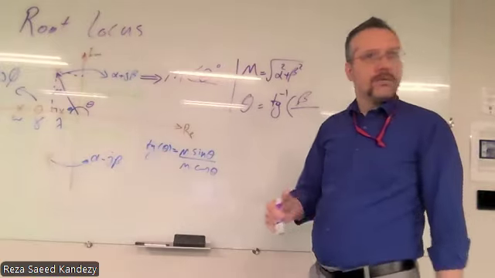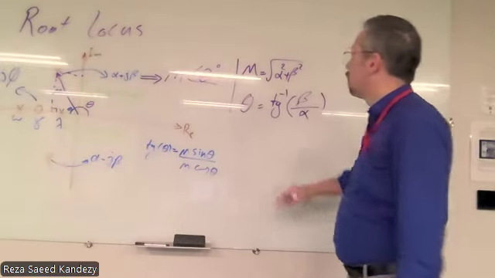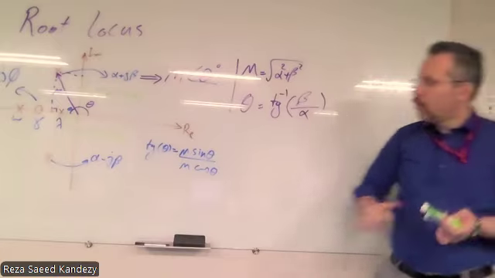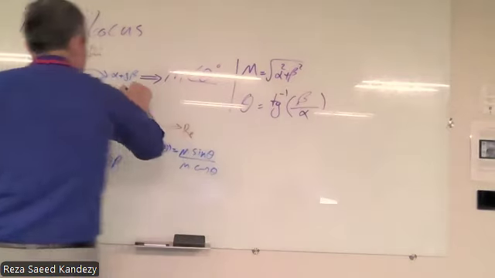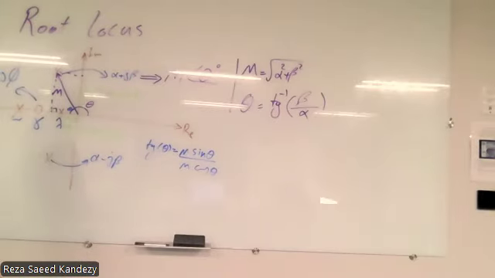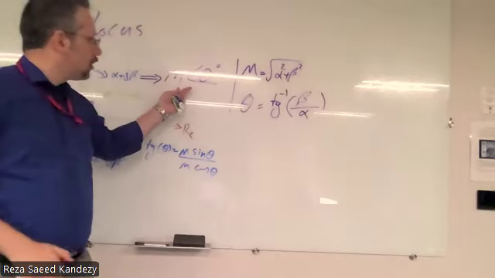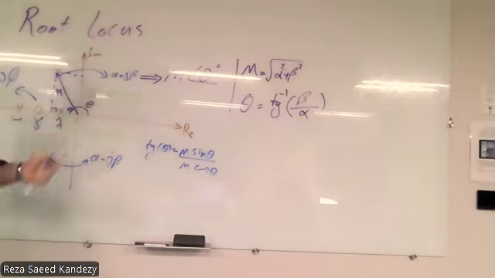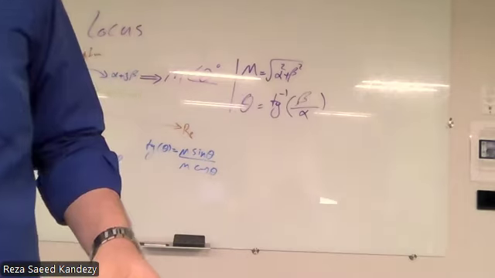Are you good? So this is the representation of our pole that we had before as a complex number, using a phasor representation, showing it with a vector.